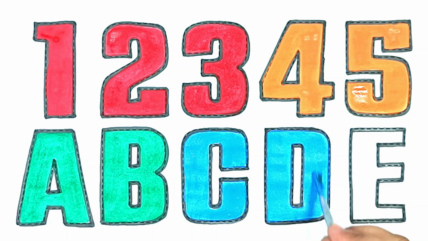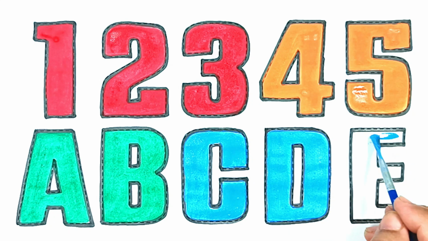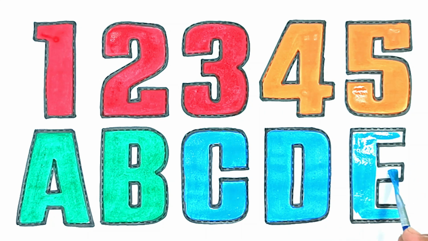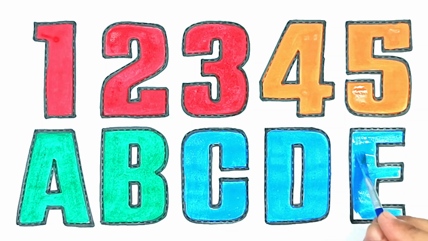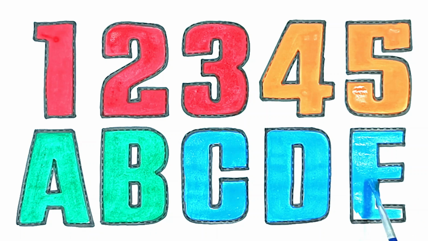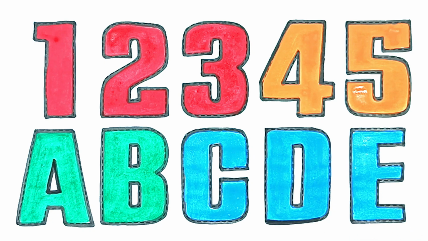D is for diamond. See how it shines. E is for elephant. Bigger than me. 1, 2, 3, 4, 5. A, B, C, D, E.